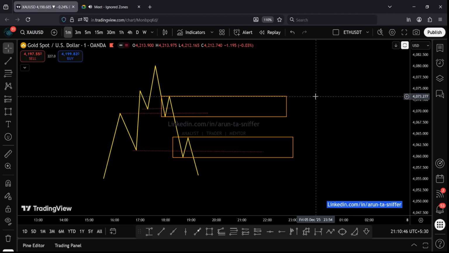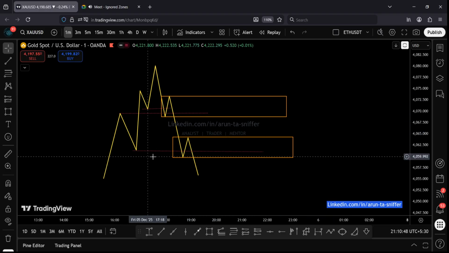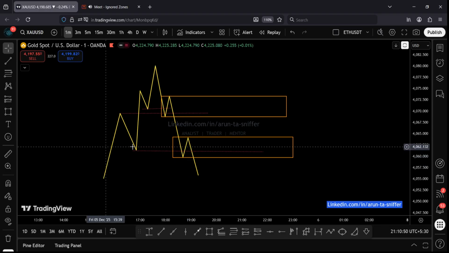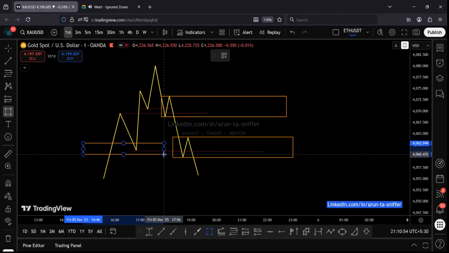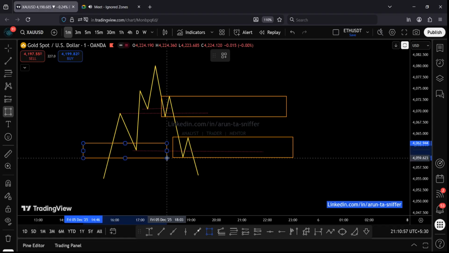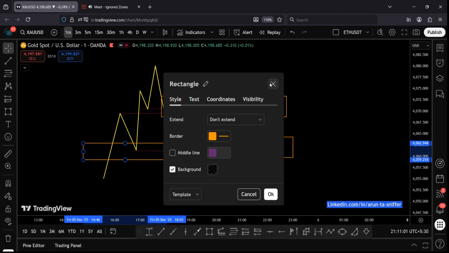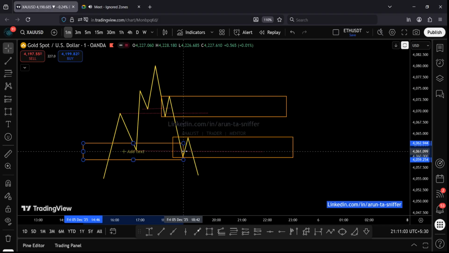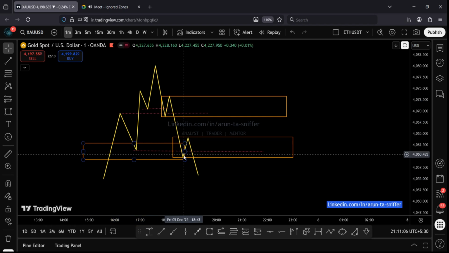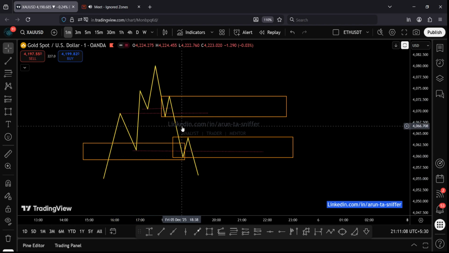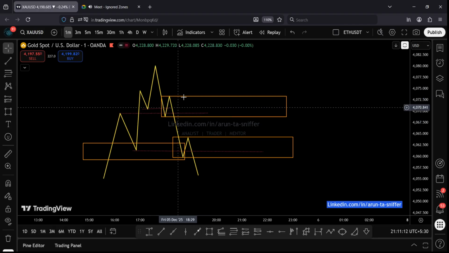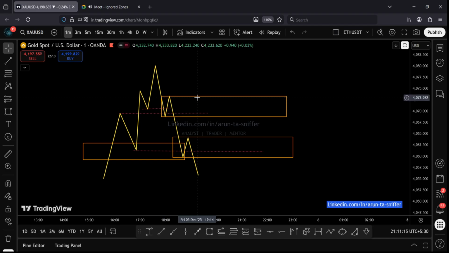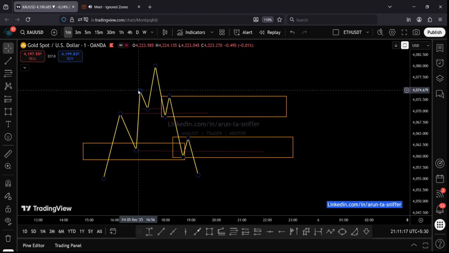Usually what price should have done, after breaking this, we have an FL area here. This was FTR, we have an FL area here. The price is reacting from this FL right now, and comes back reacting to this FL. What it should do is go back to this swap FL area.